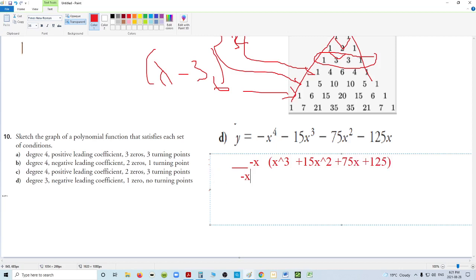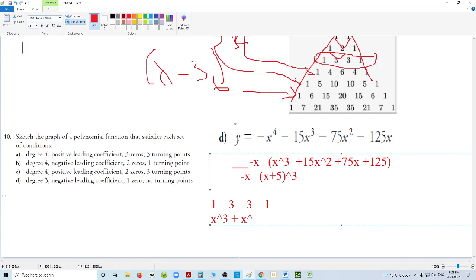And my cubic is most likely x plus 5, cubed, since they're all plus. Now you can verify that with Pascal's triangle by taking the 1, 3, 3, 1. And then if I do x cubed plus x squared times the 5 to the 1, sure enough, that's 5x squared, isn't it?